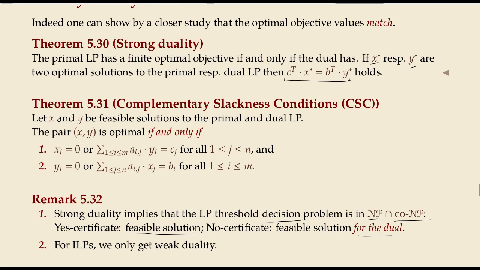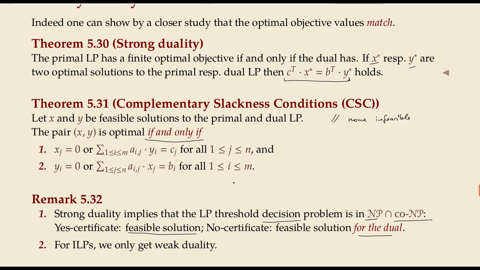So again, we pick two solutions that are feasible for the primal and dual, which implicitly assumes that neither of the two problems is infeasible, so that we can find one. Then this pair together is optimal, meaning that x is optimal for the primal and y is optimal for the dual, if and only if these two conditions are satisfied.